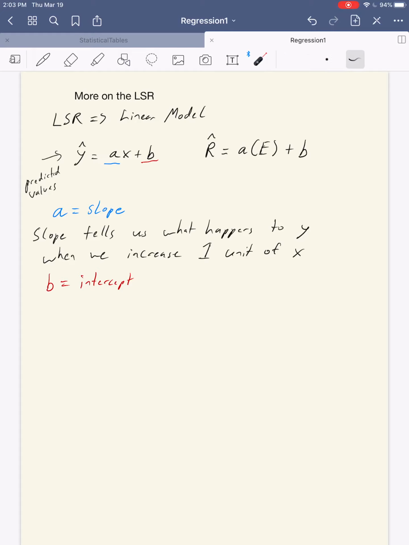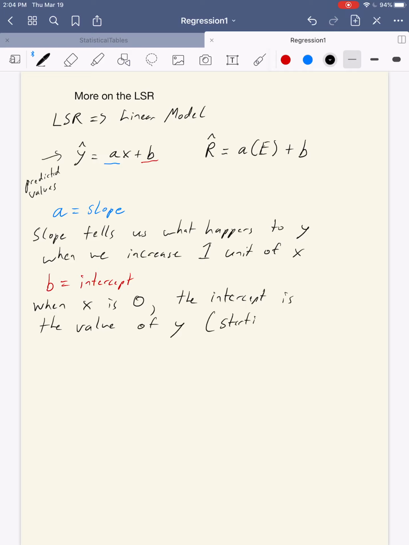If x was 0 in this model, that term would drop out, and we'd be left with y equals b. So the intercept tells us that when x is 0, the intercept is the value of y. You can start to think about this as a starting point of the model.